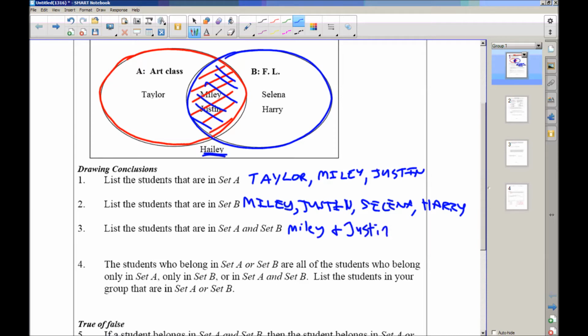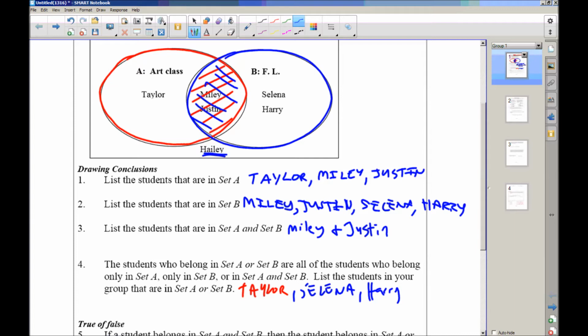Okay. And then the students who belong to set A or set B are all the students who belong to only set A, only in set B. Okay, so only set A would be Taylor. Only set B would be Selena and Harry. And then also the people who are in sets A and B. So that's Miley and Justin.